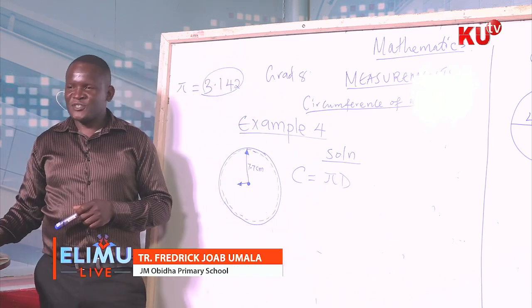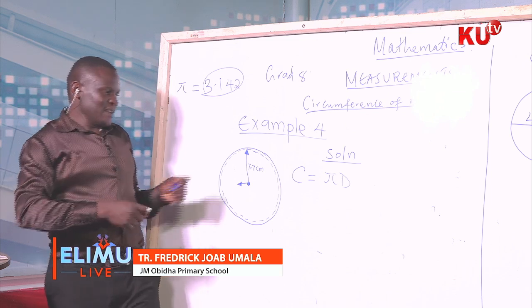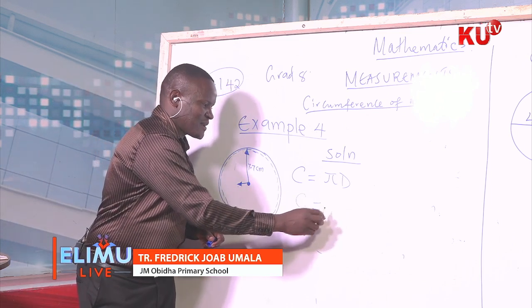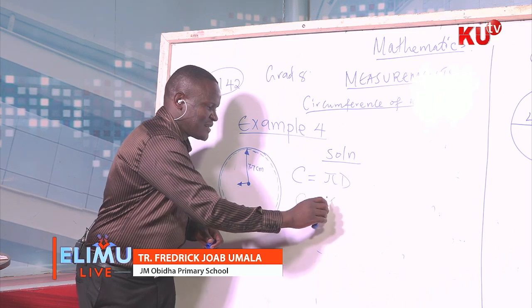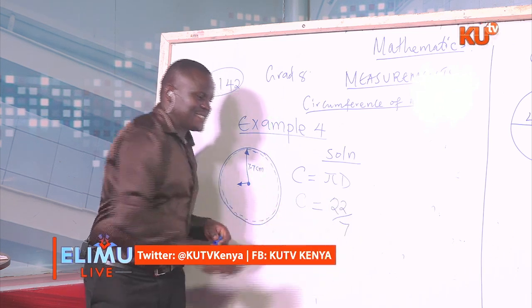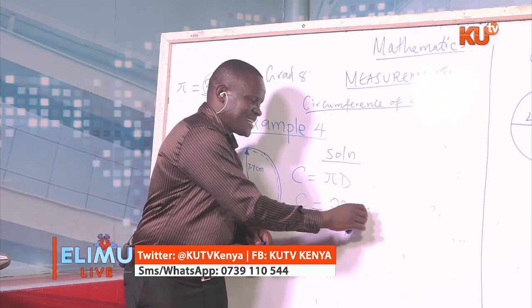Circumference is equal to pi d. So circumference will be equal to 22 over 7 times diameter.